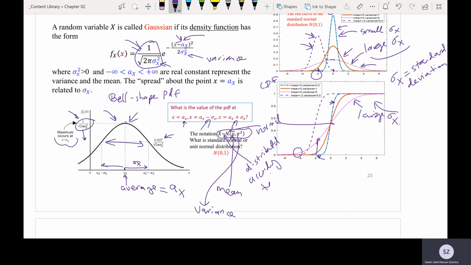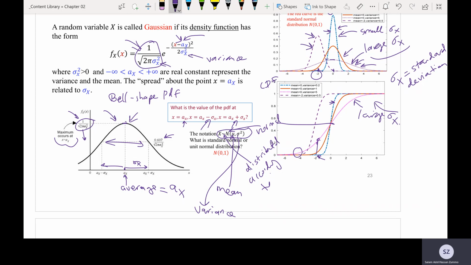If you have a large variance, this means you have a wide variation around the mean. And if you have a small variance, then you have a small variation, a focused distribution around the mean.